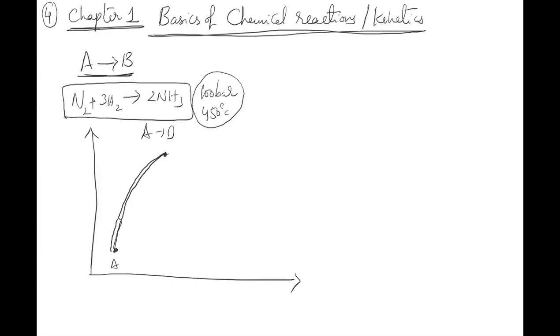You have a level here. This is a very important level. This is what you call the activation level. This is where A will be converted to B. And then compared with the standard energy of A, this is the B level. This is what is called an energy diagram.